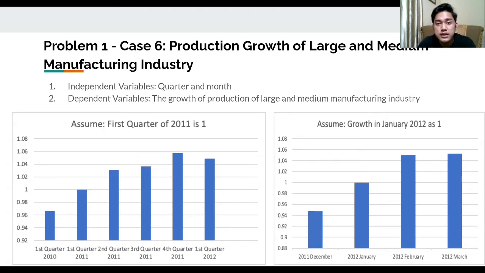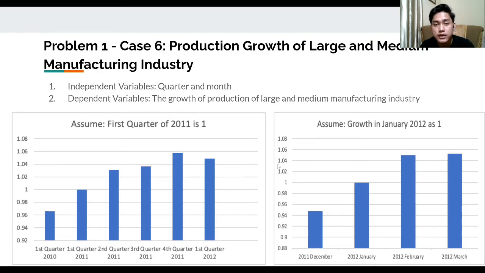As we can see here, in the quarter graph on the left, if we assume that the production of the first quarter in 2011 is 1, then we can see that there has been growth until the fourth quarter in 2011. However, after that, in the first quarter of 2012, the graph decreases.